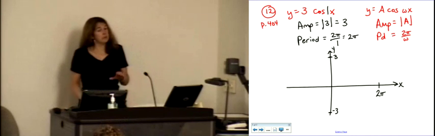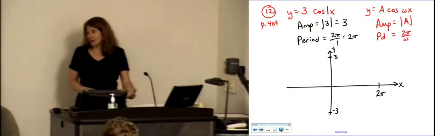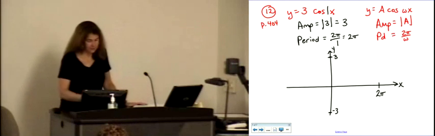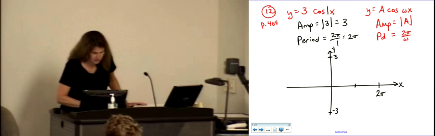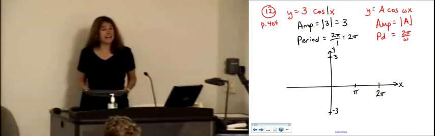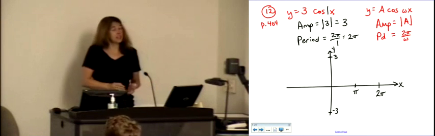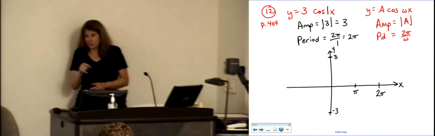The other important thing to label on my graph is where halfway through that period is. Halfway through is at pi. Why am I interested in that? Well, if it's a sine function, it's going to cross through the halfway through point. If it's a cosine function, that's where we have a curve.